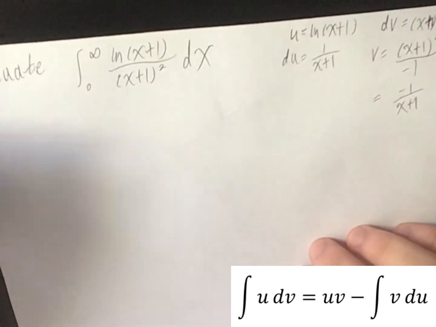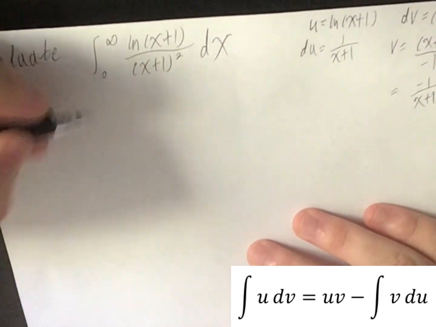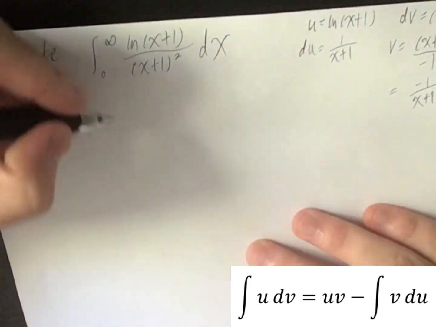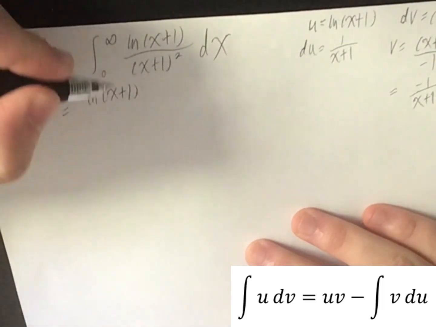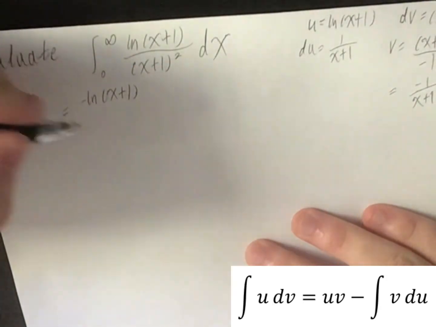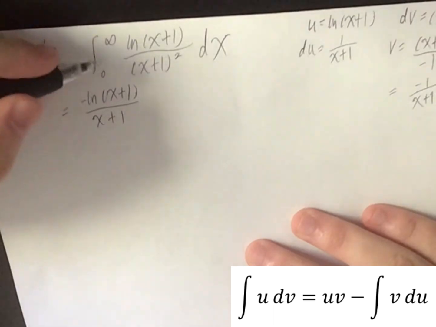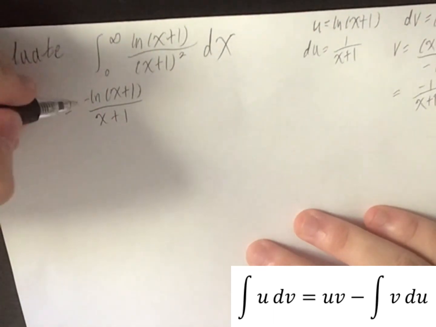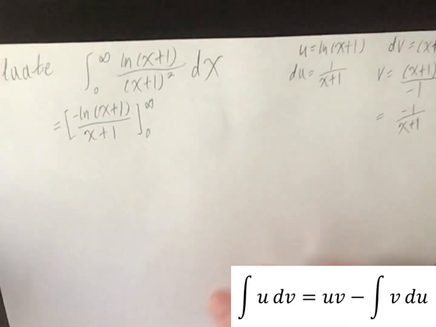And now you can just use your formula. So this will be equal to uv. u is ln of x plus 1, and v is negative 1 over x plus 1. It doesn't change the upper and lower limits, you just need to substitute in, 0 to infinity.